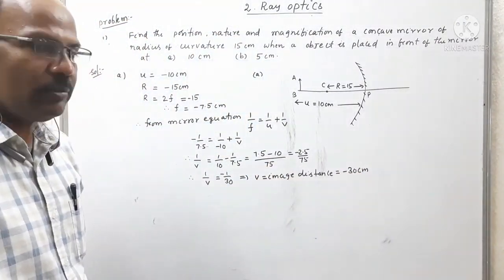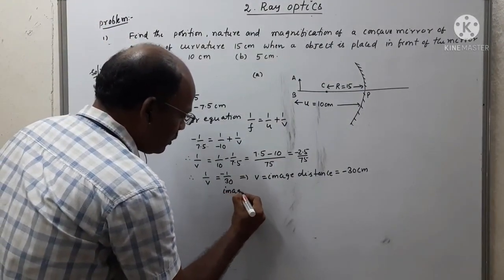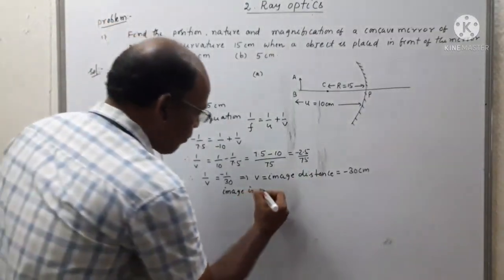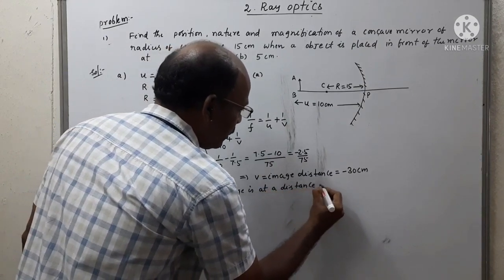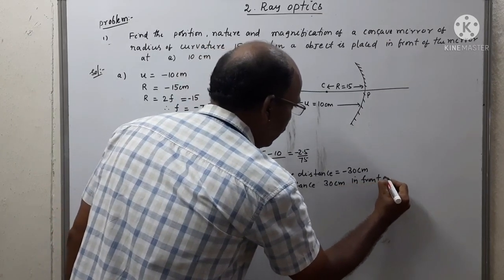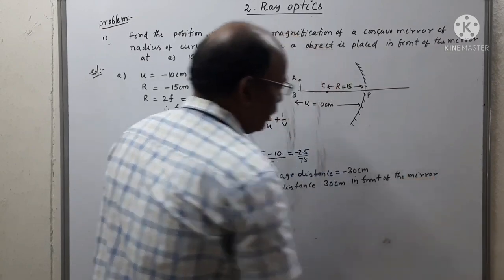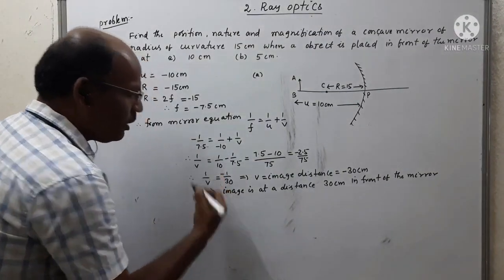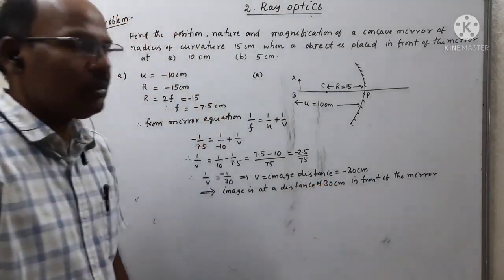Minus 30 centimeters means the image is at a distance of 30 centimeters in front of the mirror. Minus indicates that the image is at a distance of 30 centimeters in front of the mirror.